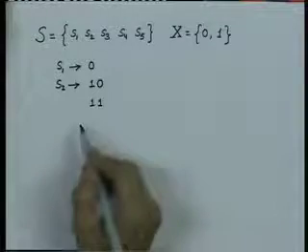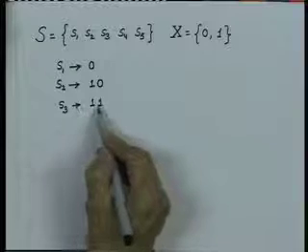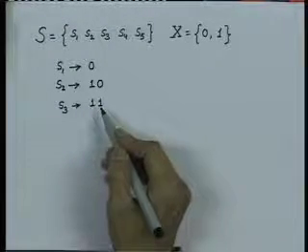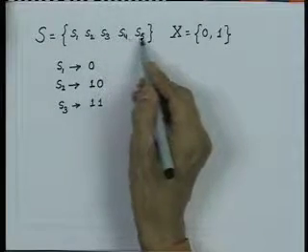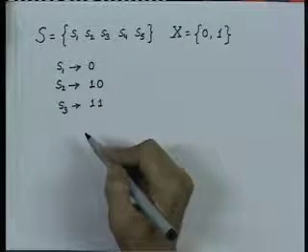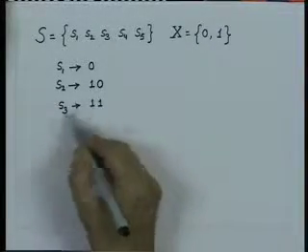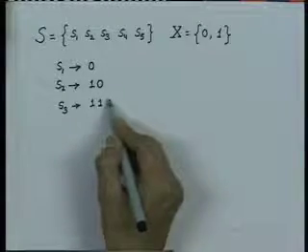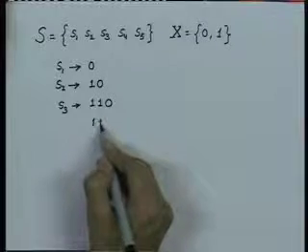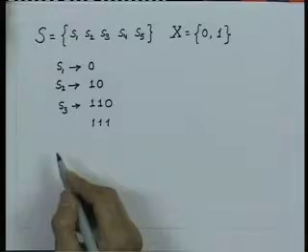Now, if I have 1 1, again I cannot solely assign it to S3, because if I did that, then I will not be able to form the code words for S4 and S5. So, one way to assign S3 would be 1 1 0. Now, what is left out would be 1 1 1. Now, I have 2 more symbols.